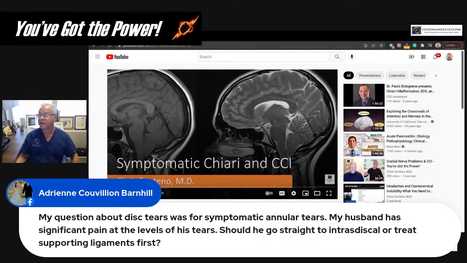That is where the doctor goes in and puts a needle in the disc and then pressurizes it. It's a little bit like pressing on the disc to see if that particular disc is causing the kind of symptoms that that patient reports. Now, if that test is done and it shows that that disc is painful, then that's a reasonable time to treat those annular tears. But just realize only a small fraction of annular tears are going to be symptomatic.